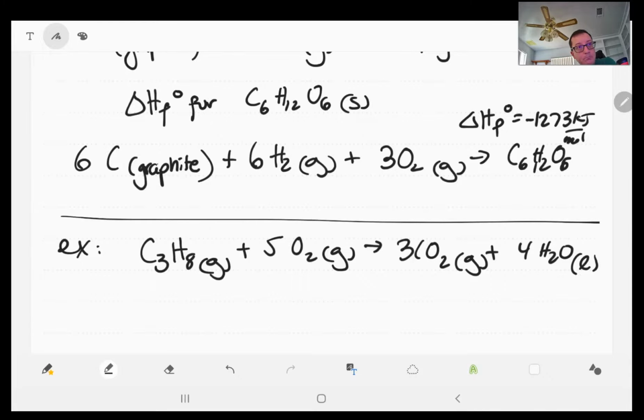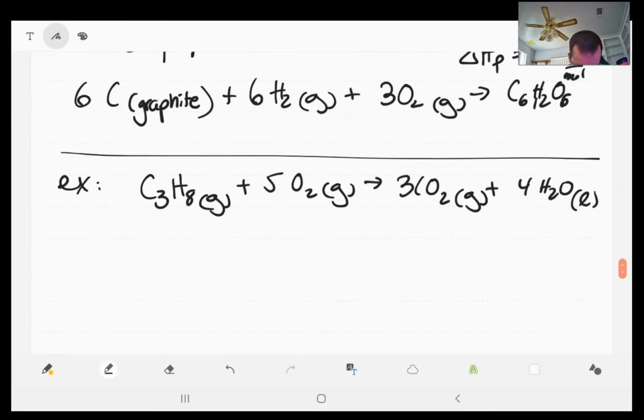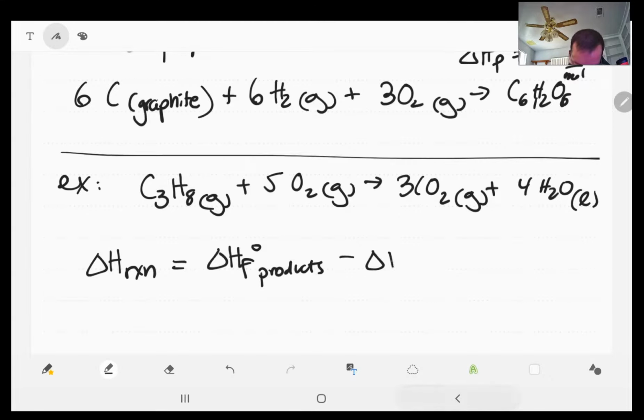So what we can do with all of these is break them all down into their elements. I could write all that out, or I could just make this a little bit easier for you. We're going to see that delta H for a reaction is your products minus your reactants. Makes it a little bit easier this way.